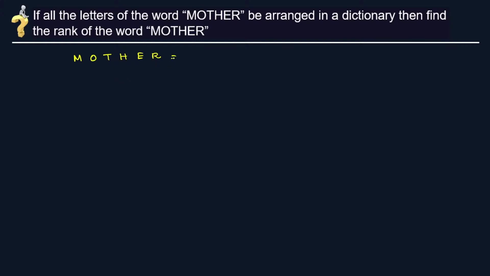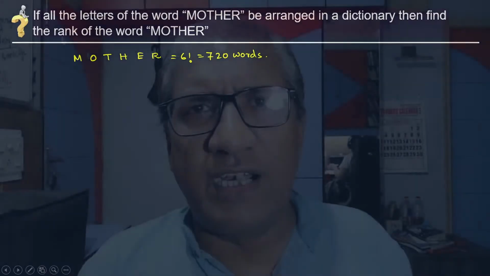We are going to get factorial 6, that is 720 words. Now in these 720 words, there is one word which is MOTHER. The question is, you put all the words in the dictionary, so your MOTHER will come somewhere. What is the count of the word MOTHER from the very first word placed in the dictionary? Is it clear to all?